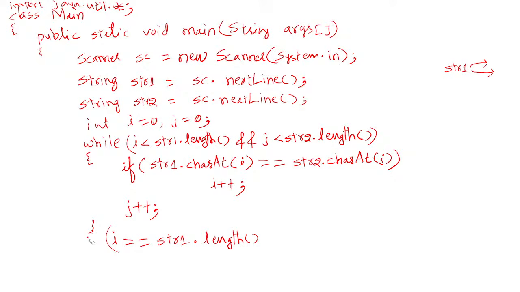I'll erase everything. This entire thing is not required. Directly you can print inside the System.out.println. You can directly write i is equal to string1.length. It checks and prints true if true, otherwise if it is false, it prints false.